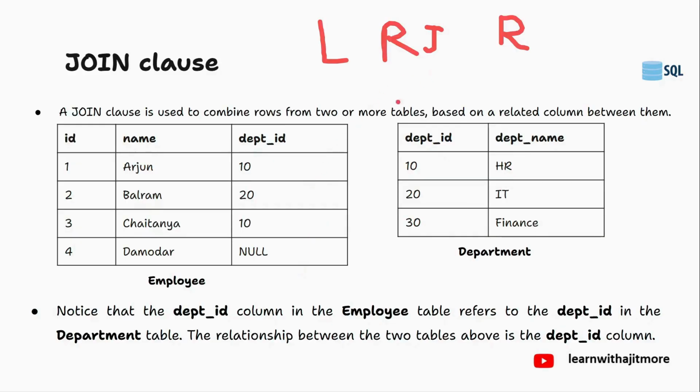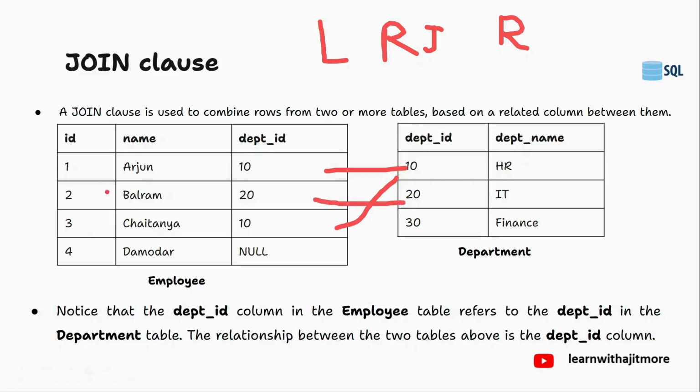Getting? So if you are doing right join, see here, you'll get this 1 Arjun 10 10 HR. Okay, this 10 is related here and this 10 is related here. So from the right, we are going to get 1 Arjun 10 10 HR, then 3 Chaitanya 10 10 HR.